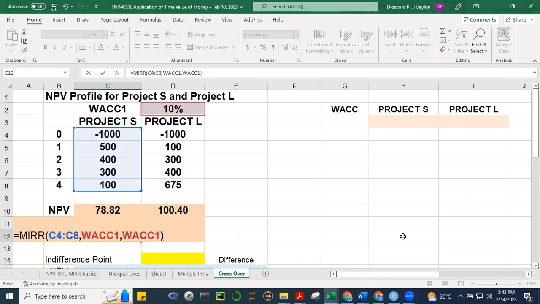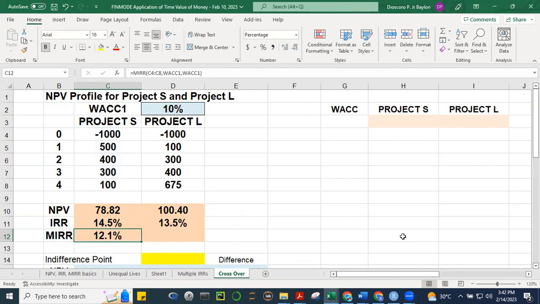Okay, so that's our MIRR. Control enter, 12.1 vis-a-vis, okay, 12.7. So we were expecting that the MIRR will agree with the net present value. So Project L in this case is better than Project S based on the net present value.